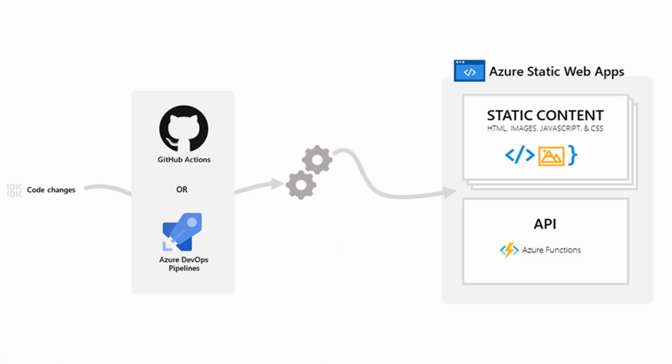This is actually a relatively old image, since here it actually has GitHub Actions and Azure DevOps pipelines, both of them available. And it has static content on the right and an API running on Azure Functions. Now, if you look at the first version of static web apps, this was, I think, 2 years ago. The only thing we had was a JavaScript front end and a JavaScript function app.